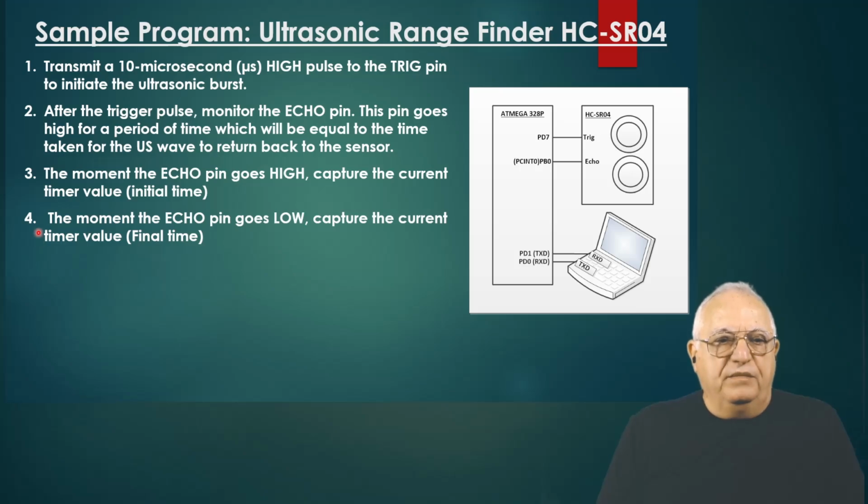Next, the moment the echo pin goes low, capture the current timer value. So we capture the time when the signal goes high, and then we capture the time when the signal goes low.